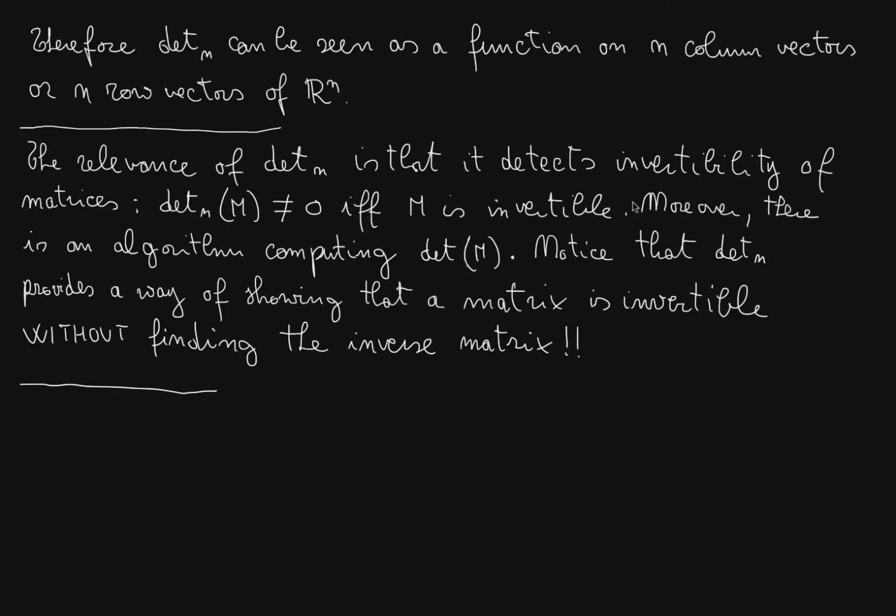Why do we even want to talk about the determinant? Well, the relevance of the determinant is that it detects invertibility of matrices. More precisely, a matrix M has determinant different from 0 if and only if M is invertible. So to check whether M is invertible, we have two options usually.